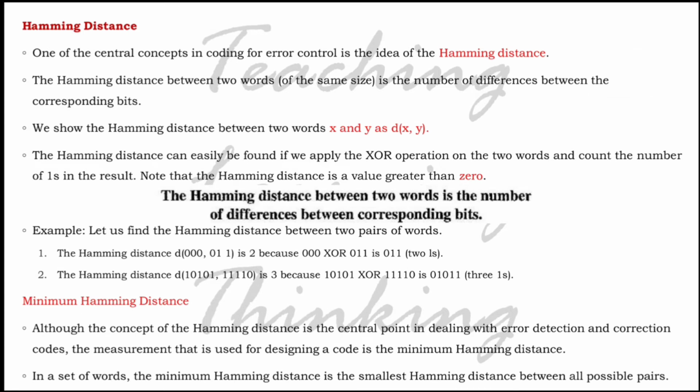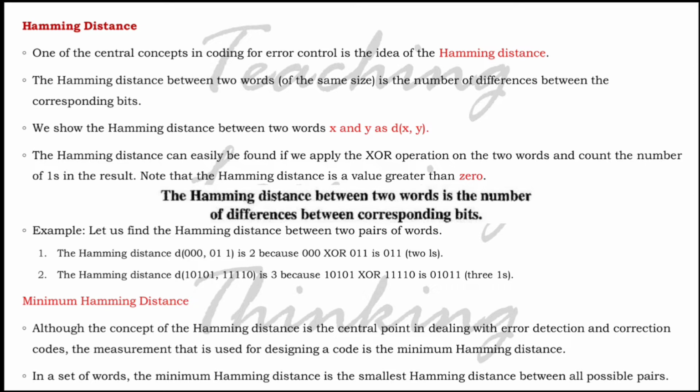Hamming distance. One of the central concepts in coding for error control is the idea of Hamming distance. The Hamming distance between two words of the same size is the number of differences between the corresponding bits.